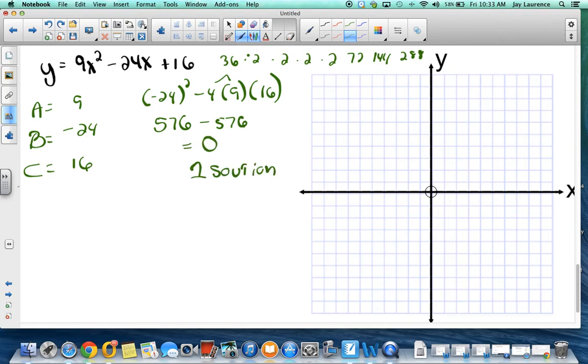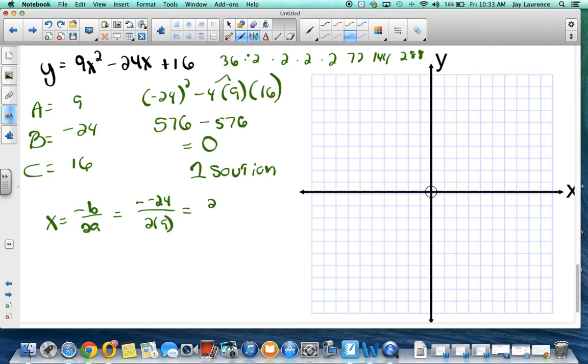Okay? Now, I'm not going to use the whole quadratic formula on this because my one solution is going to be my root, but it's also going to be my vertex. So I'm just going to go find the vertex. X equals negative b over 2a. And I'm going to plug in negative of negative 24. And that's going to be over 2 times 9.